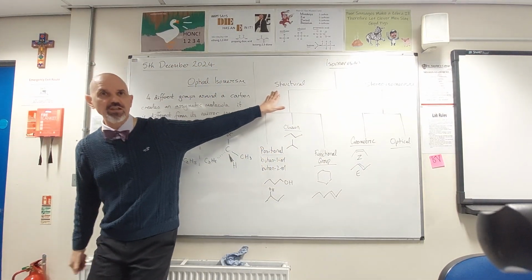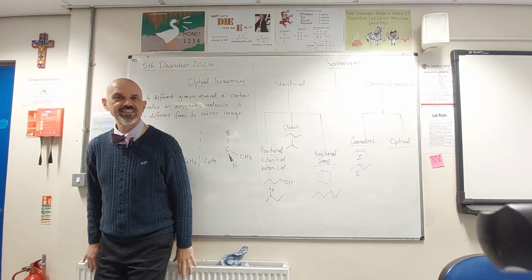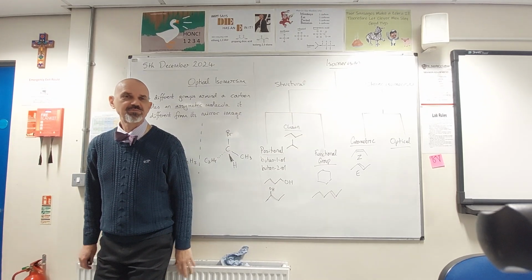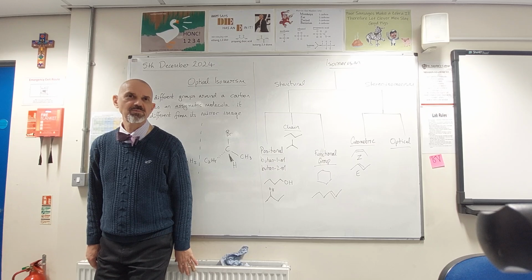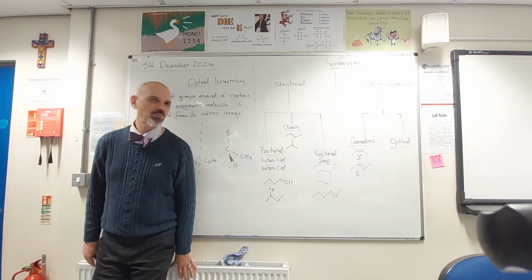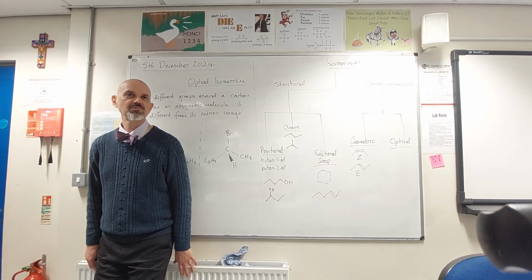Definition of structural isomerism. Kieran, can you pull that one out of our hat? Where you've got the same formula but a different arrangement. Same what formula? Molecular. Same molecular formula.